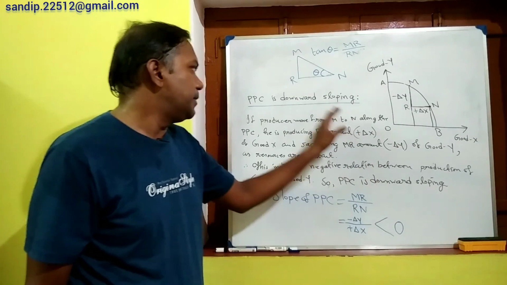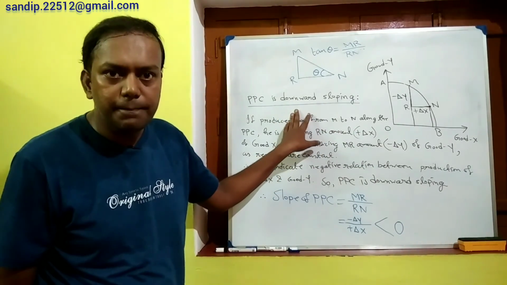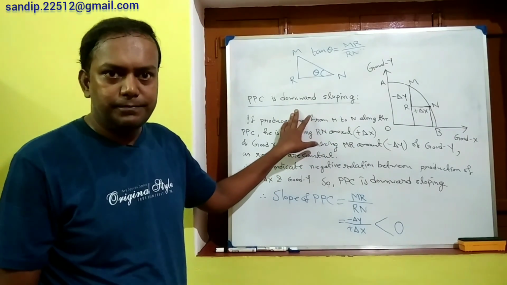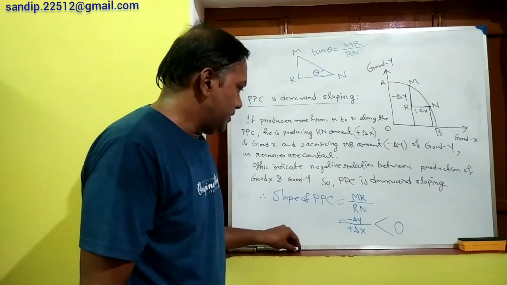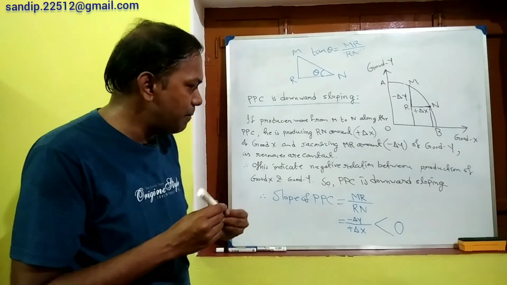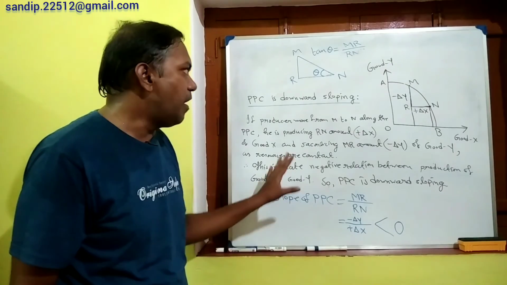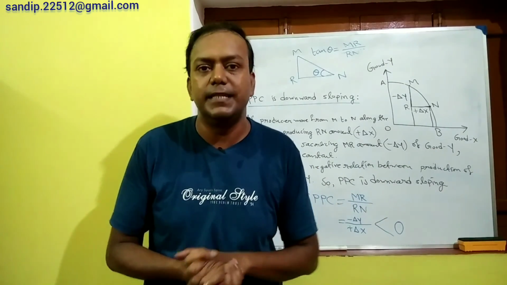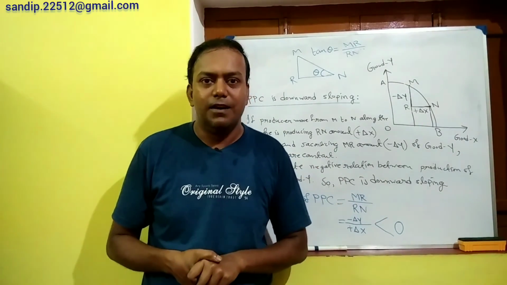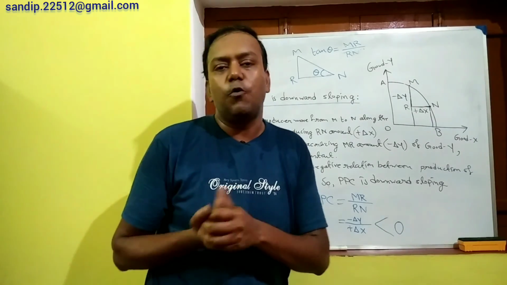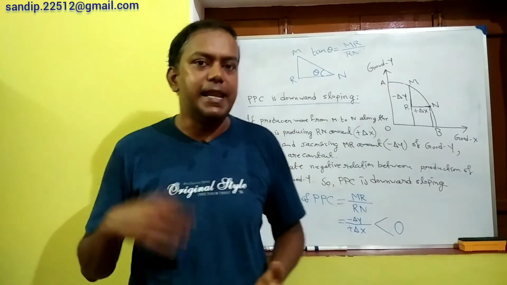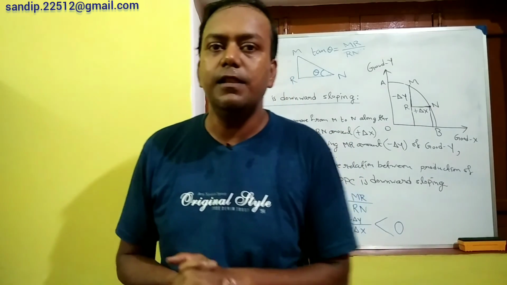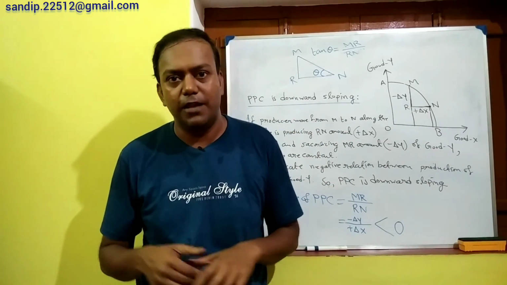So the PPC will be downward sloping simply. So this is the proof of the first property of the PPC. Second property I will tell in the next video.